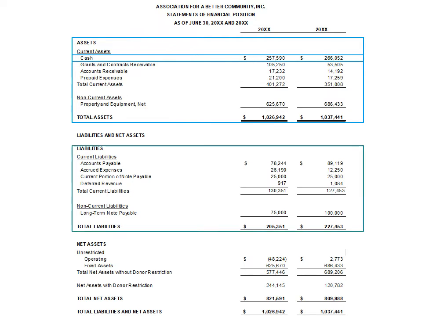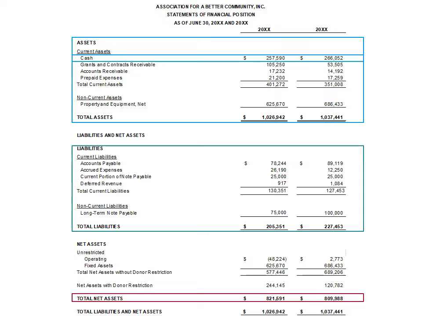The next section of the balance sheet is the liabilities. So liabilities, again, are things that we owe to others. These are our accounts payable, accrued expenses, if we have loans, bank loans, lines of credit, mortgage, all of that will appear in the liability section.